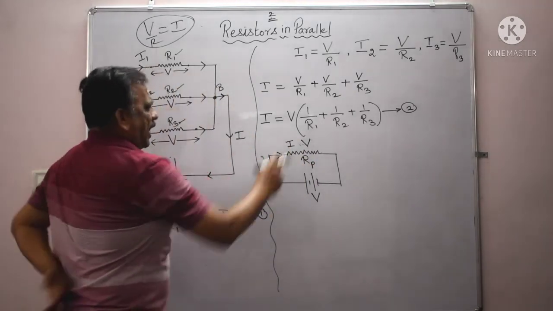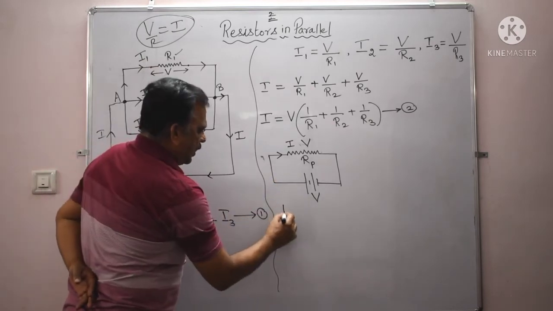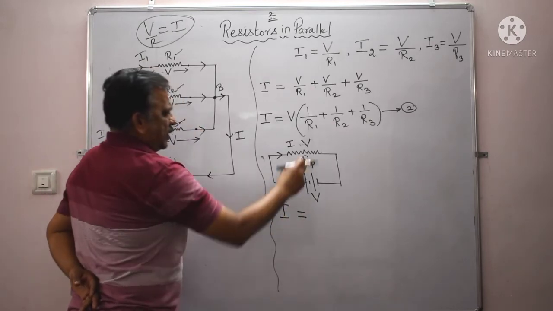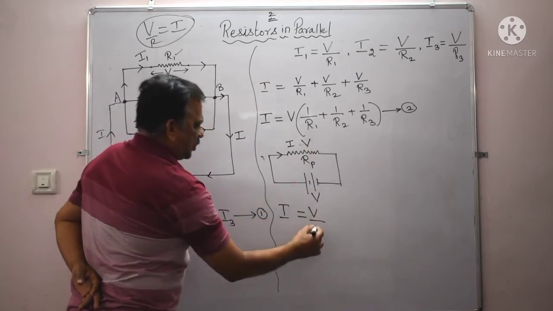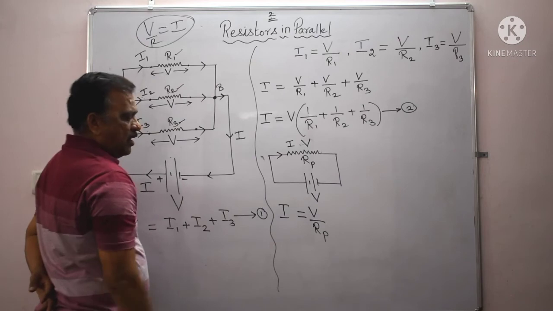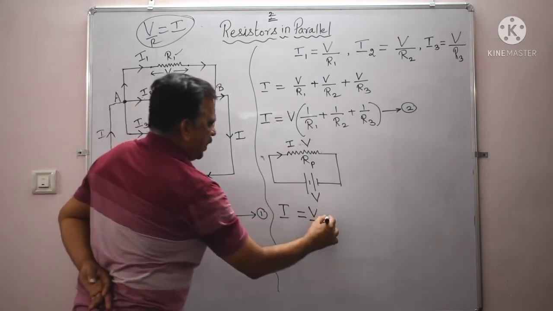Now let me write I in terms of R sub P. So I is equal to the voltage across the total resistance, V, divided by its resistance, R sub P. Let me substitute this over here. Let me take it as number 3.